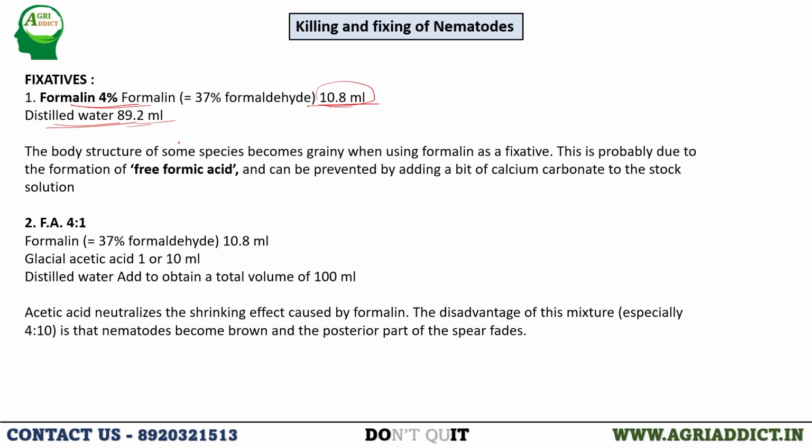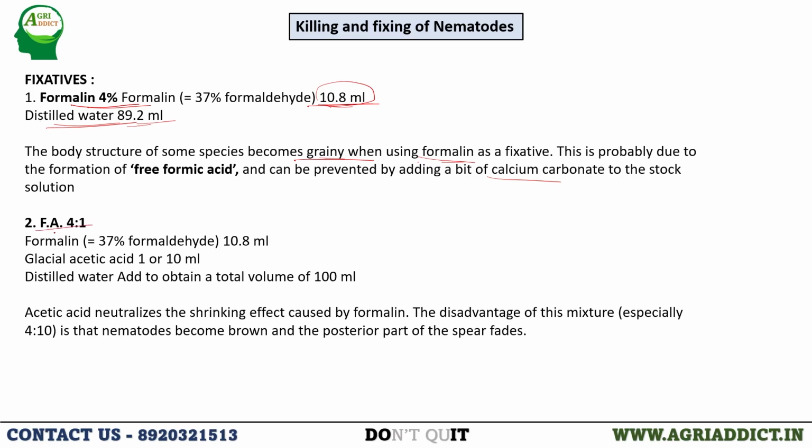As I told you, formalin has a hardening effect, which may cause the nematodes to become grainy. In order to prevent this effect, we can add calcium carbonate to the stock solution.